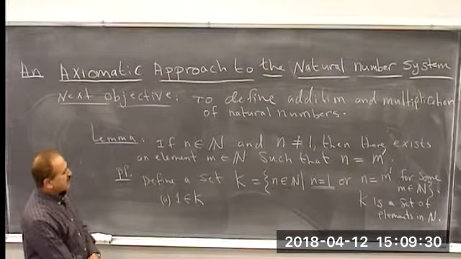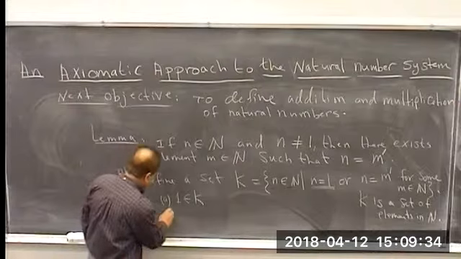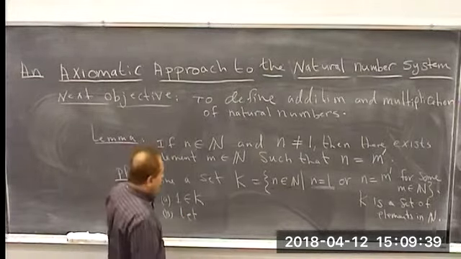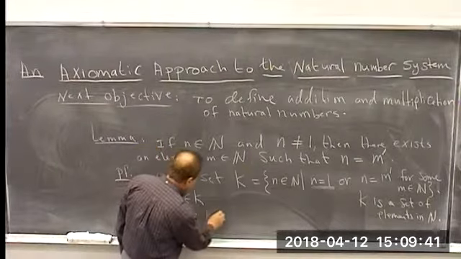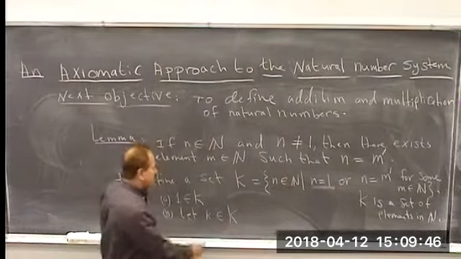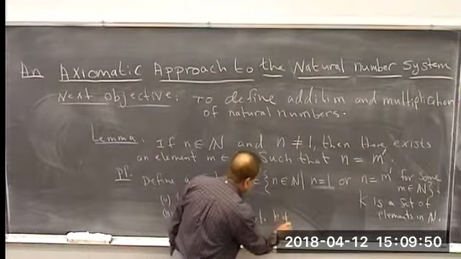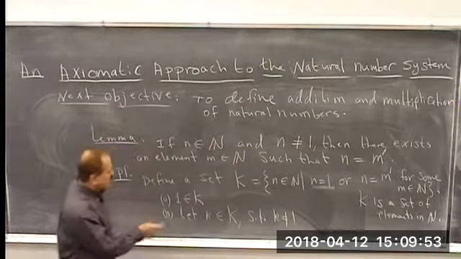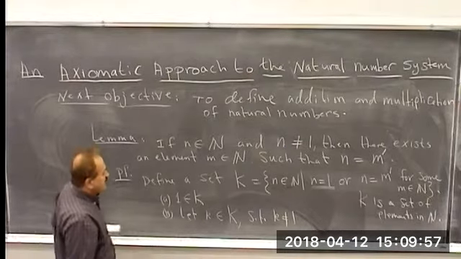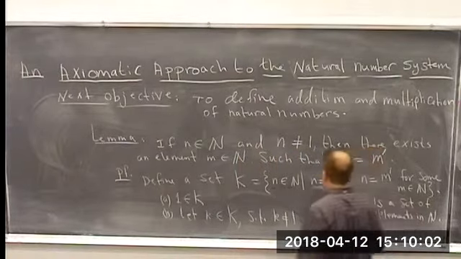The next thing I want to show is that k belongs to K, and we're going to assume that k is not equal to 1. I know 1 is in there, so I want to take another.